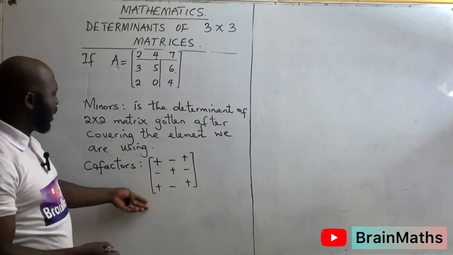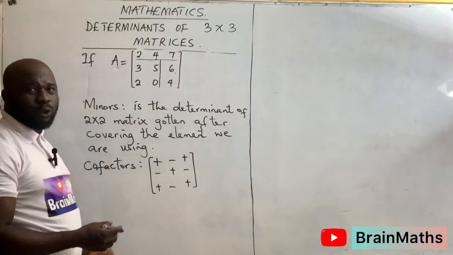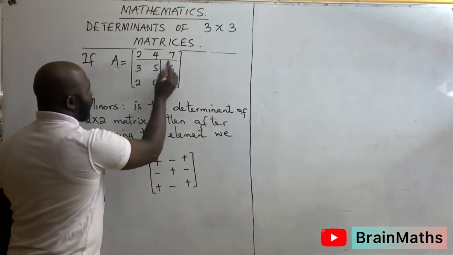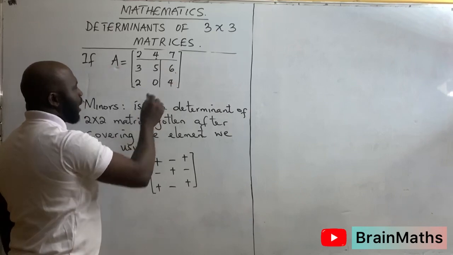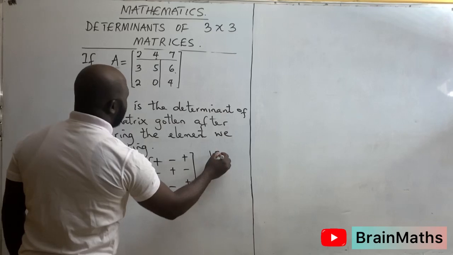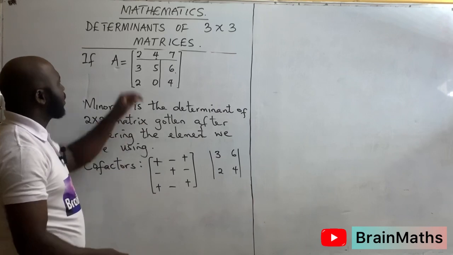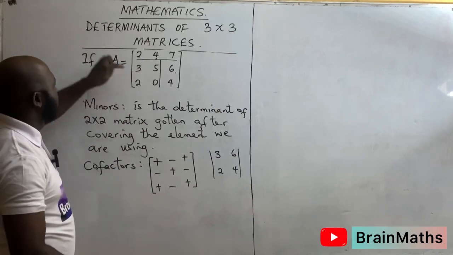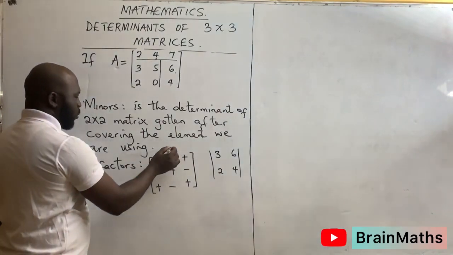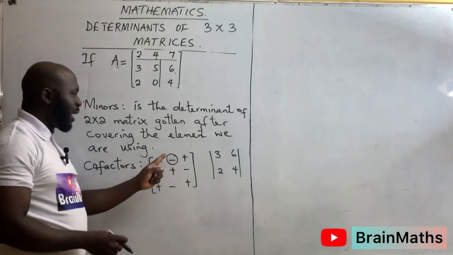Now, for this first one, let's take the 4 that we have just underlined. Since we are using 4, the row of 4 has been covered and the column has also been covered. So we have the 2 by 2, 3, 6, 2, and 4. Now, look at where 4 is. 4 is on A1,2.